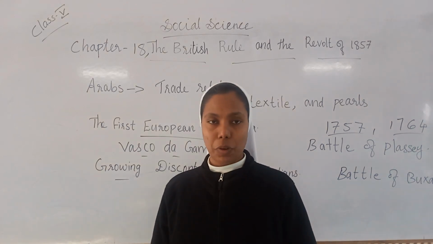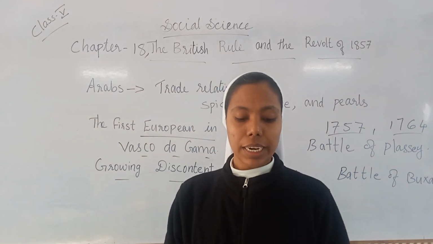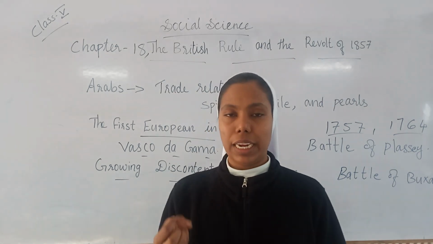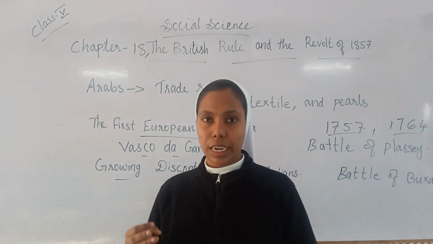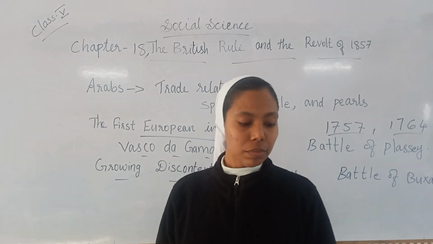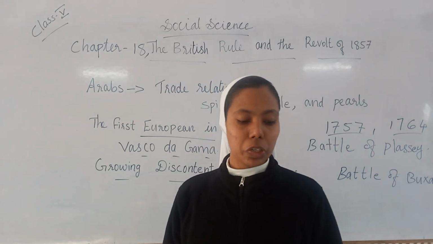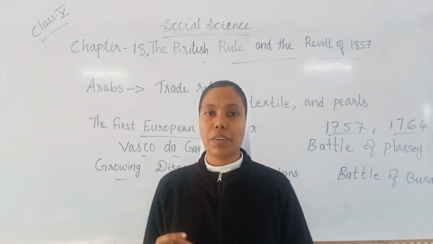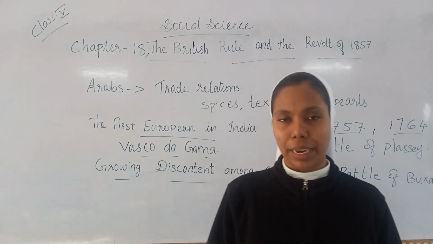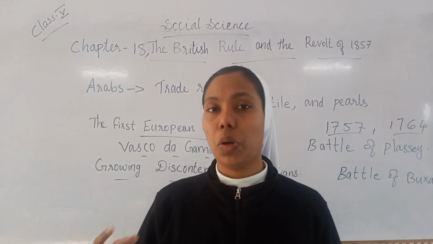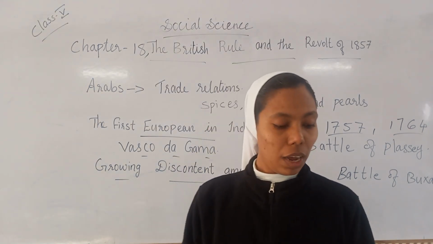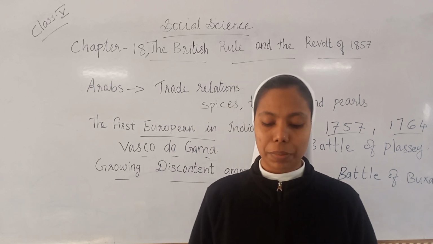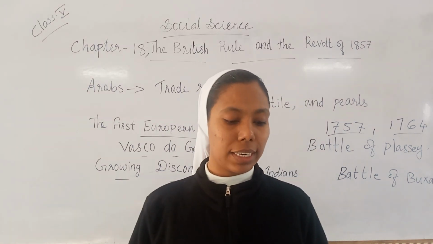They focused on the agricultural sector, and they forced the farmers to grow cash crops like opium and indigo. These crops were then bought at a very low price by the British and sold in foreign lands at high prices.